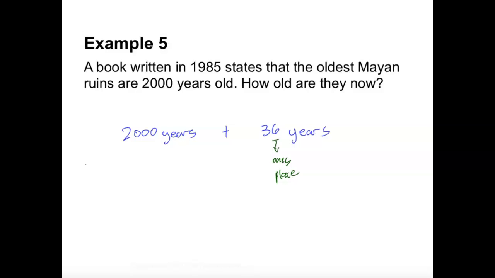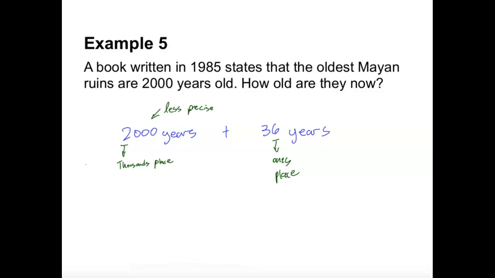But again, the zeros after the 2 in 2,000 are not significant, right? So 2,000 is only being measured to the thousands place. So this is less precise.